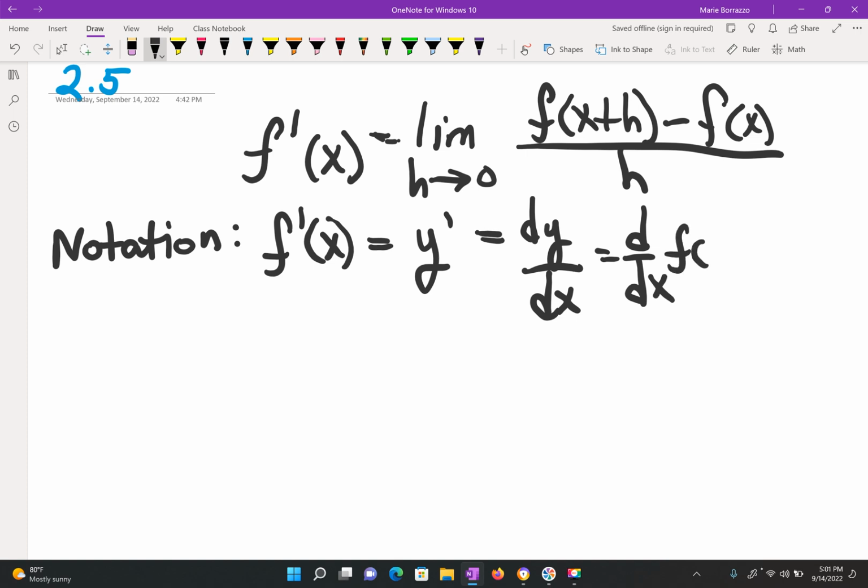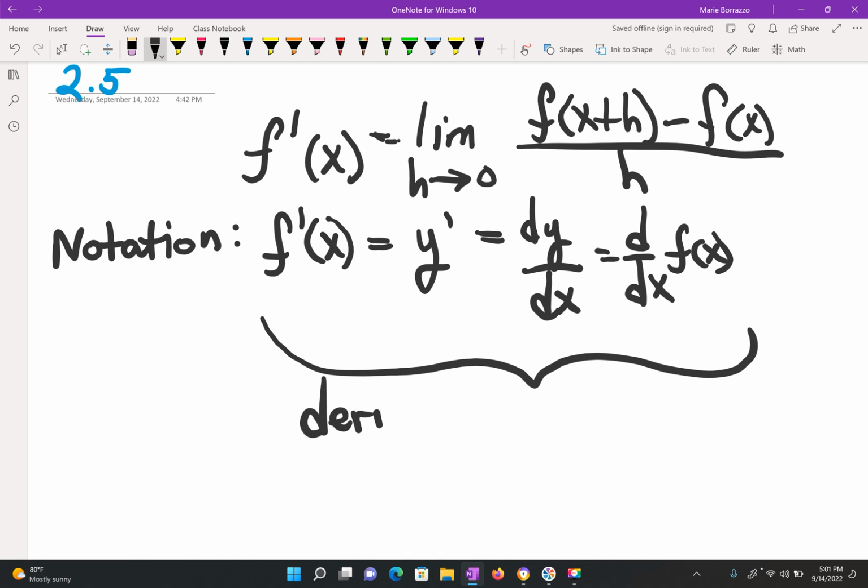This is probably new to you; you probably haven't seen that notation in a while. All of these are ways that we express the derivative of x. Okay, so that's just notation to make you aware.